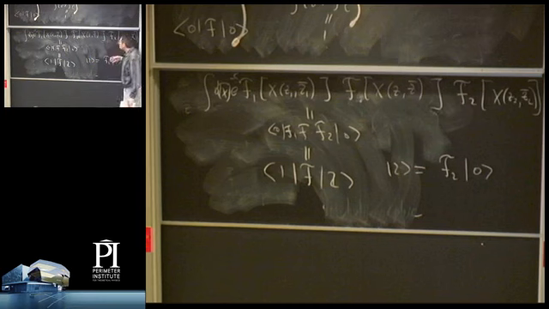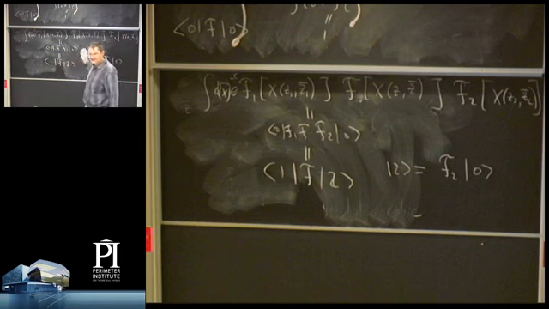This is what I'm glossing over: I have to introduce the notion of time ordering. Since I have to prepare the state, it must act before this operator acts, right? So there is a notion of time ordering that enters.